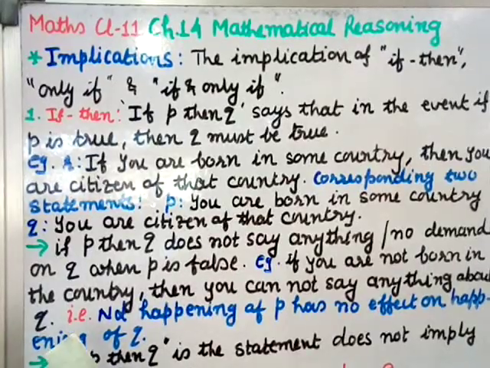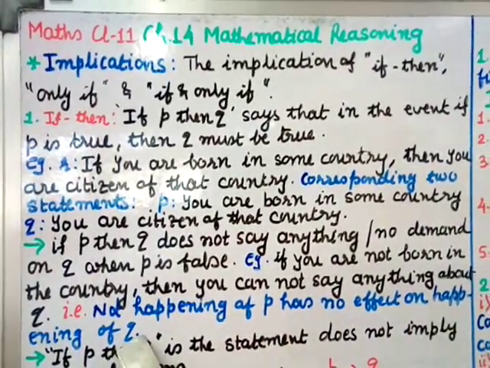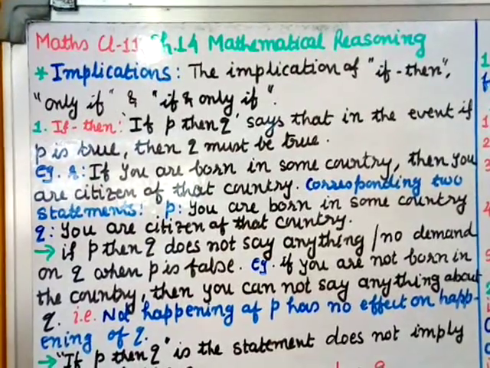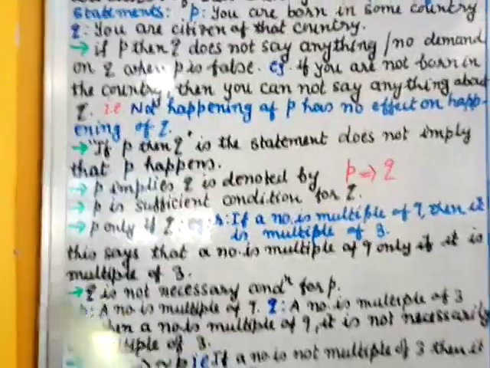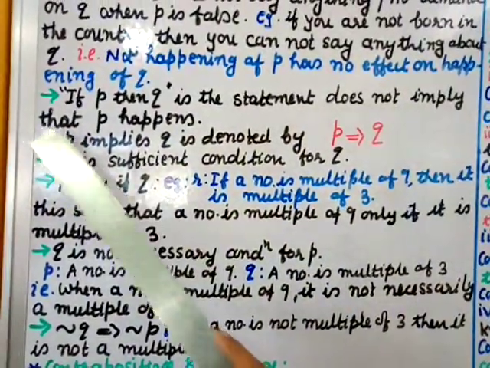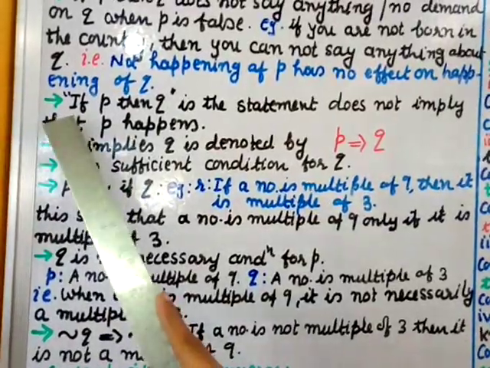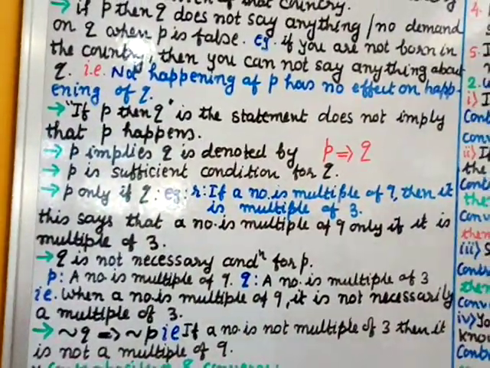Okay, that is, not happening of P has no effect on happening of Q. So if P then Q also means that it does not imply that P happens.